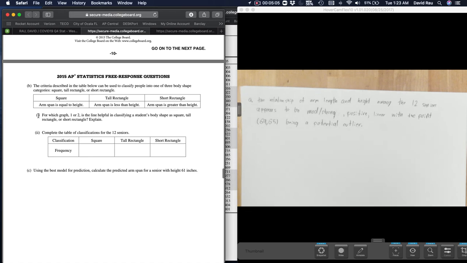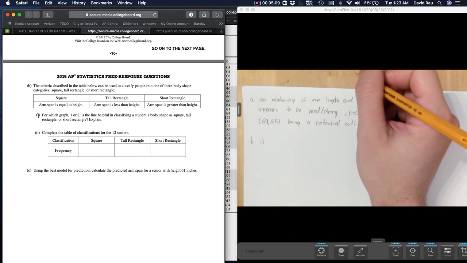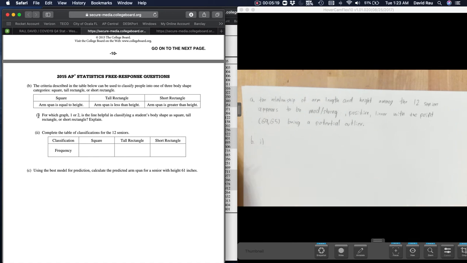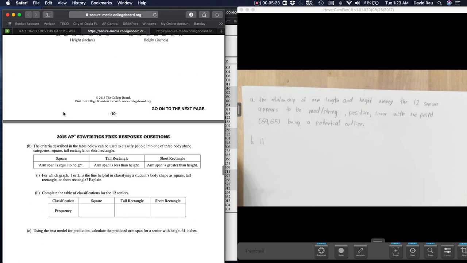Okay, anyways, part B, part 1. For which graph, 1 or 2, is the line helpful in classifying a student's body shape as square, tall rectangle, or short rectangle? Explain. Okay, so I know the answer. But this isn't even a stat question.